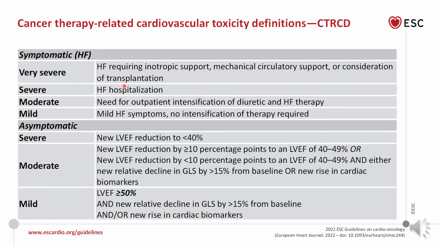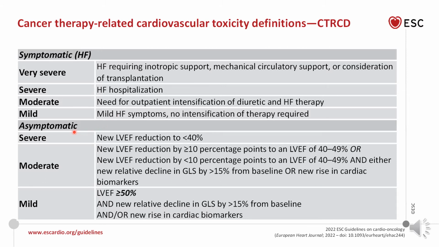Severe symptomatic, which means the patient needs heart failure hospitalization. Moderate symptomatic, which means the patient needs outpatient intensification of diuretic or heart failure therapy. Mild symptomatic, which means the patient is mildly symptomatic with no need of intensification of therapy.